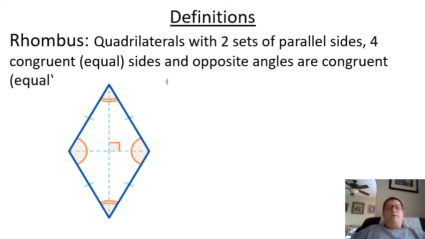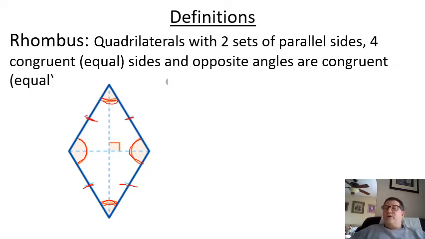Well, in a rhombus, you can tell by these lines right here, all four sides stay exactly the same length, okay? And it shows you opposite angles. So this obtuse angle is exactly the same as this obtuse angle. And this angle here on the bottom is going to be equal, or congruent, to the top one. So those angles will always stay the same.